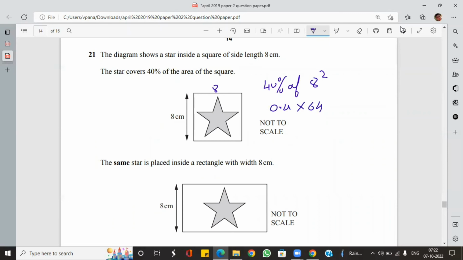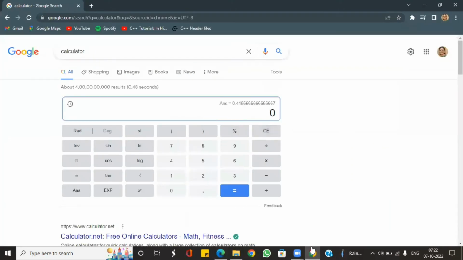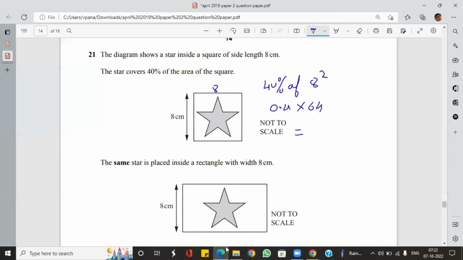So the area of the star is 0.4 times 64, which we get as 25.6. So the area of the star is 25.6 centimeters squared.